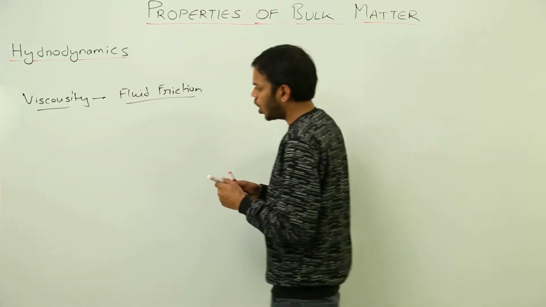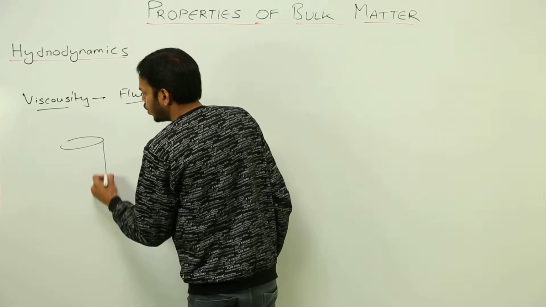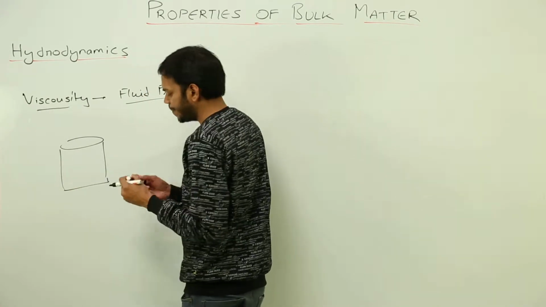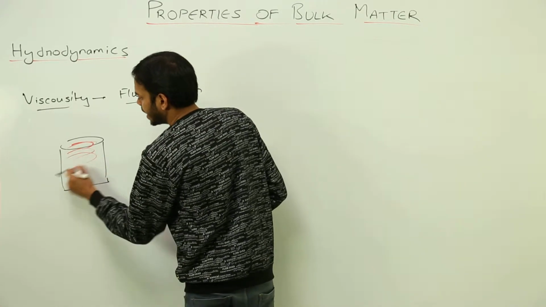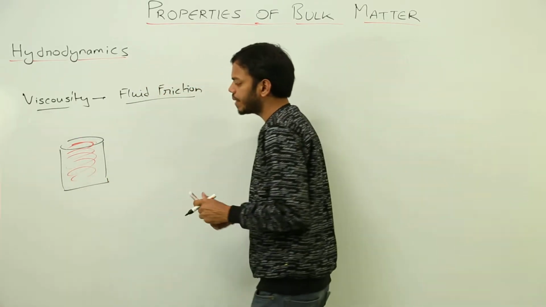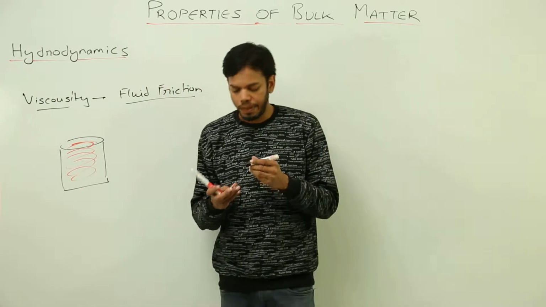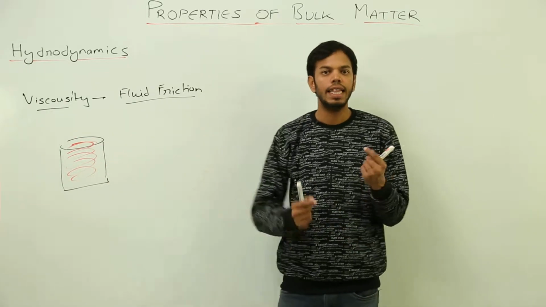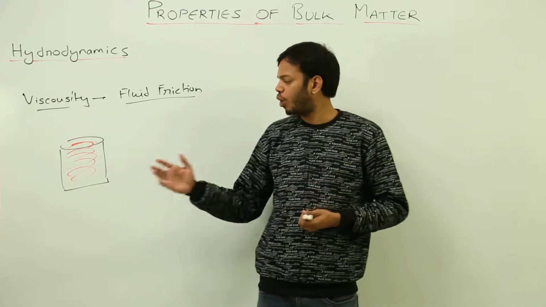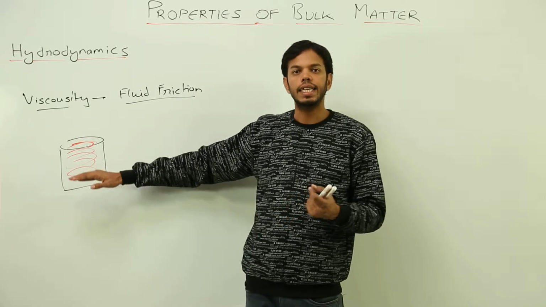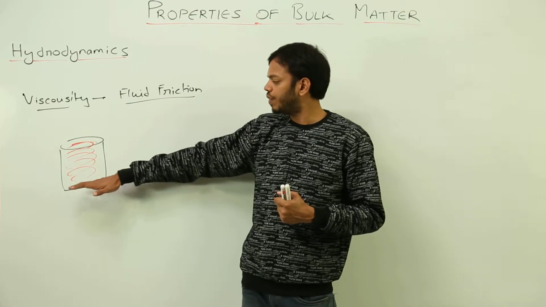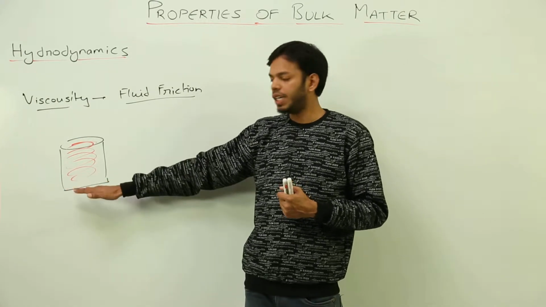Why? Because when there was this relative motion between fluid particles, as they were going in circles while we were stirring, the lowermost part of the beaker was in contact with the lowermost layer of the fluid, and there was an attractive force of bond formation between those two. That is, we are talking about adhesive or cohesive force between the fluid and the beaker surface.